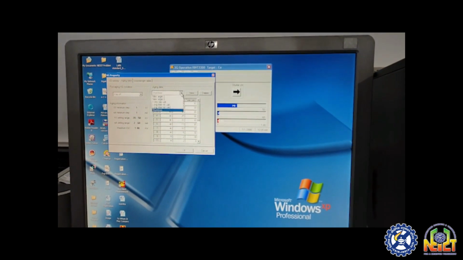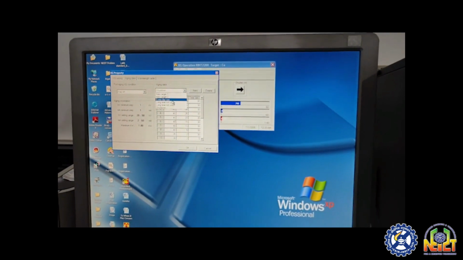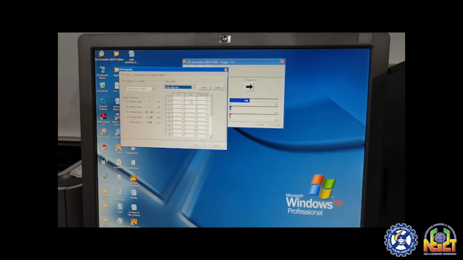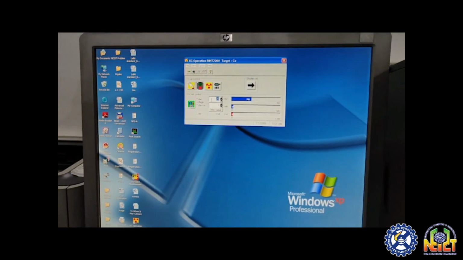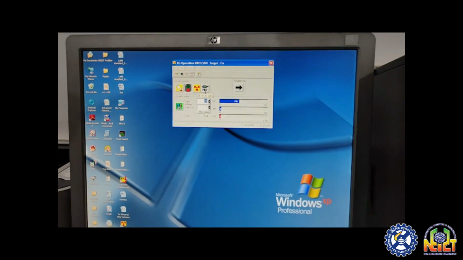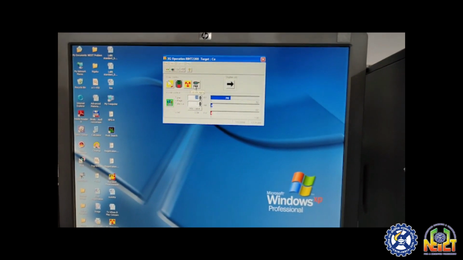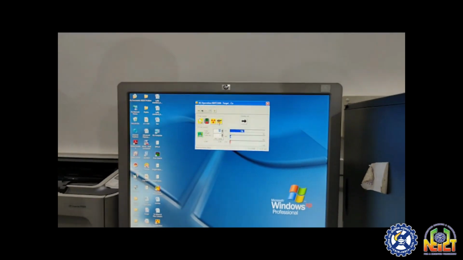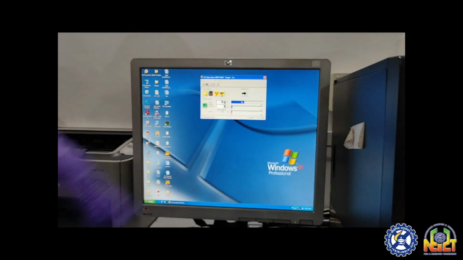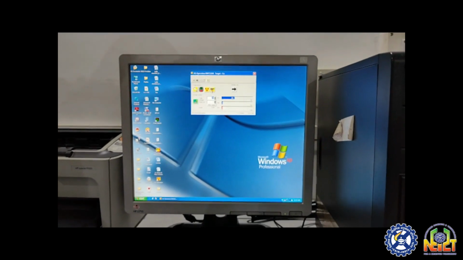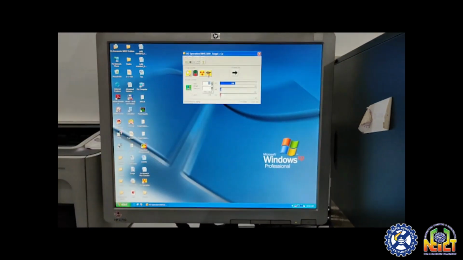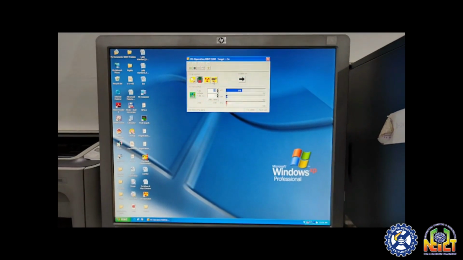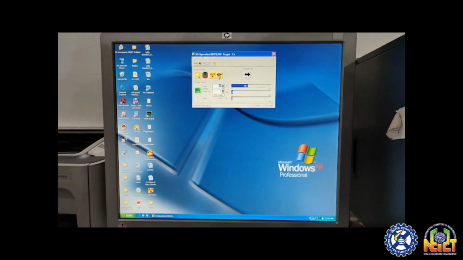For this we have to go to this mode, the everyday use and present condition mode, and then we should execute aging. It will take another 40 minutes to raise the voltage up to 40 kilovolt and current up to 40 milliampere. Then only will X-ray be generated and we can perform sample analysis.